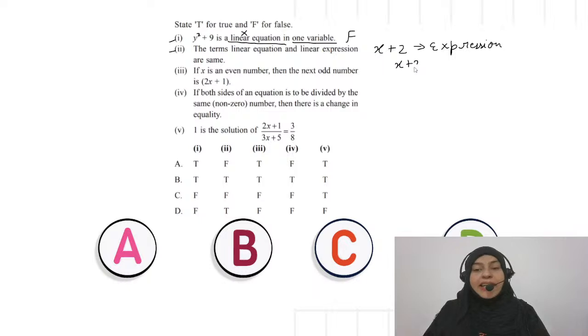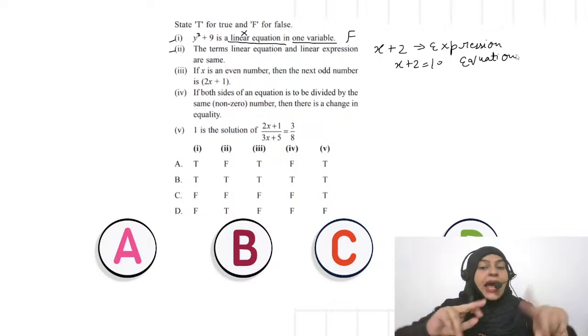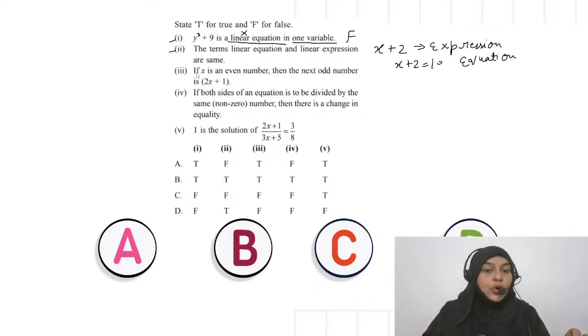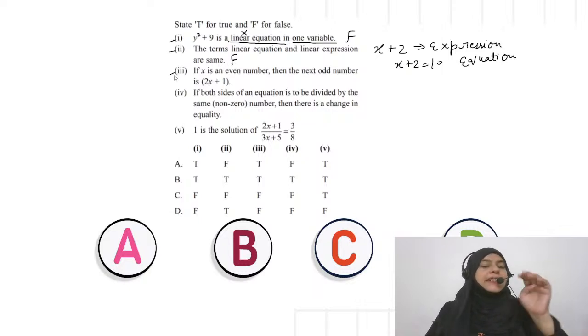So if I am writing x plus 2 is equal to 10, then only it will be an equation. So always remember that expression and equation are two different things. So this option is also false. They are not same.